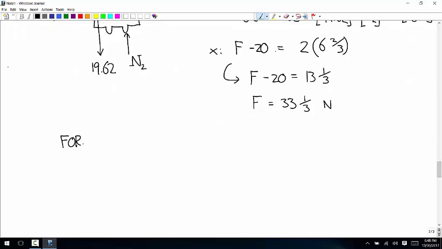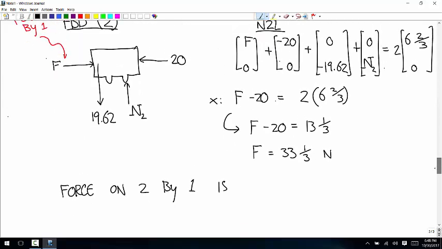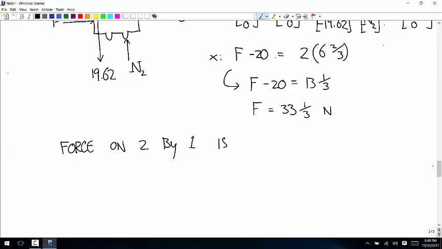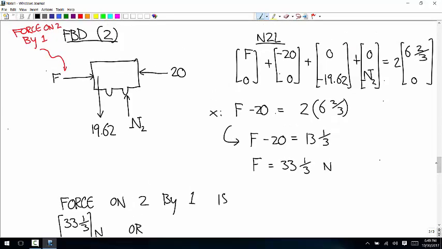So the force on 2 by 1 is, there's a couple ways you can do it. Take this number and plug it into the force vector from Newton's second law. So 33 1/3, 0. Or you can say it as a magnitude of 33 1/3 pointed to the right.